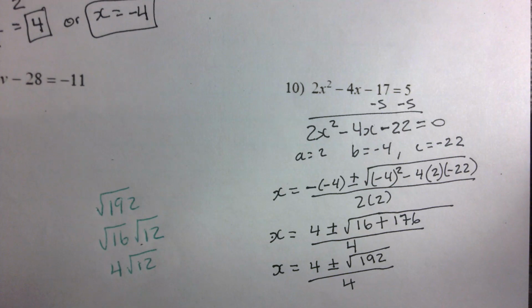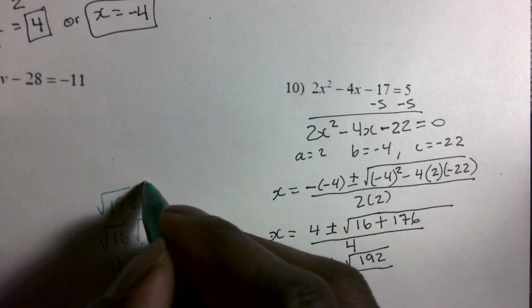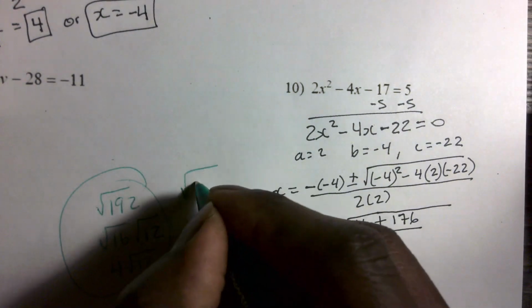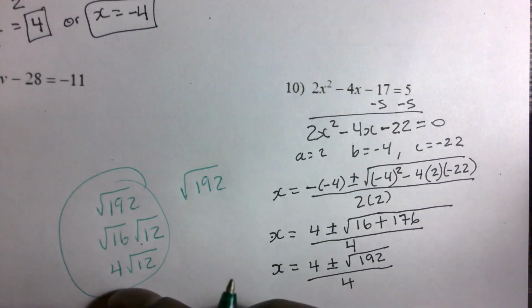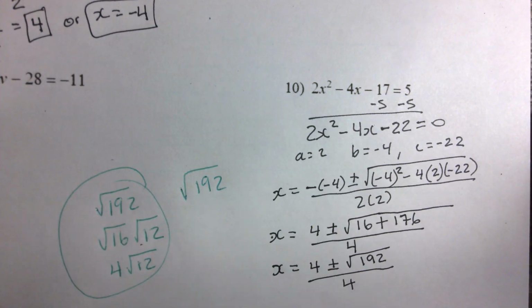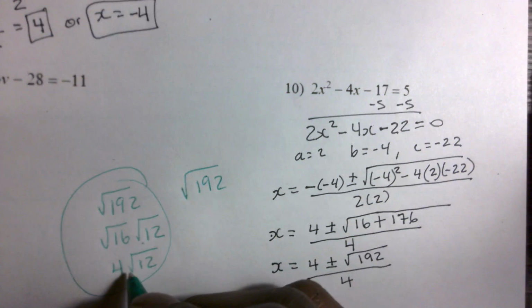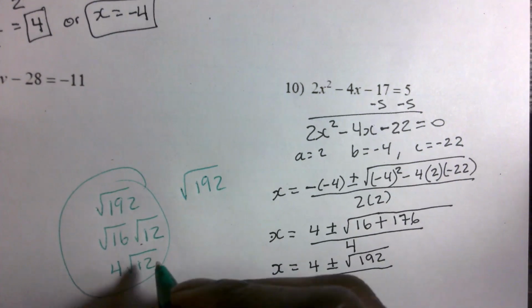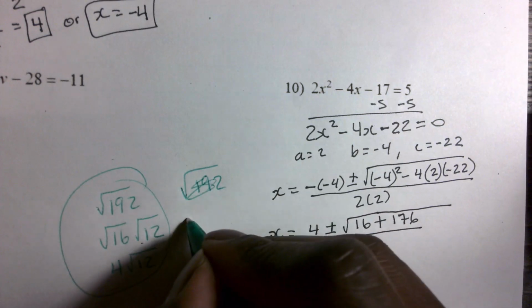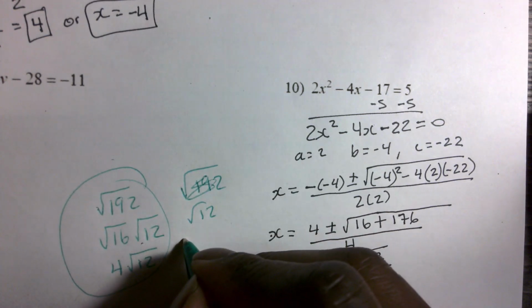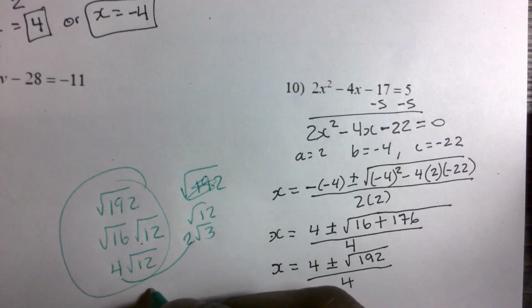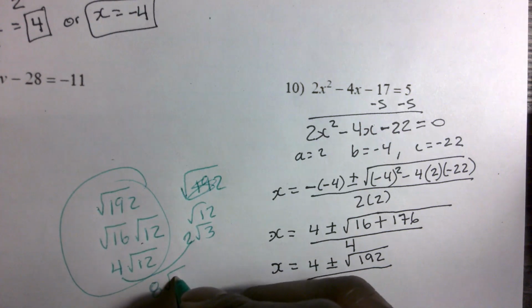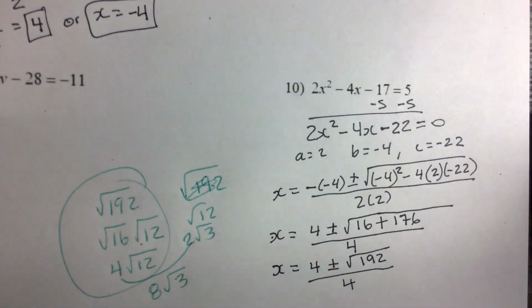But we can do that differently. The root of 192 can be simplified further: the square root of 12 is 2 root 3, so this becomes 8 root 3.